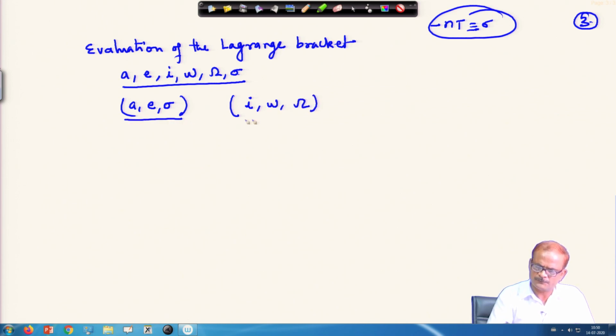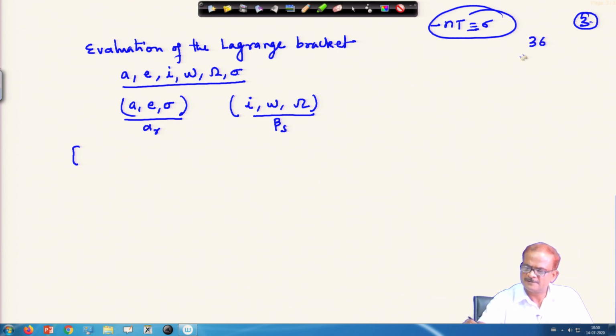So, these two groups we divide, and this we have also discussed earlier; this I will indicate by alpha r and this by beta s. The number of Lagrange brackets, as we have already discussed, is a total of 36, because they form a 6 into 6 matrix.